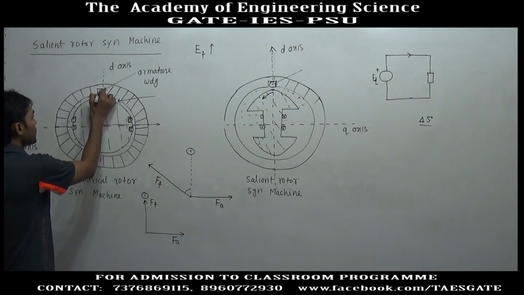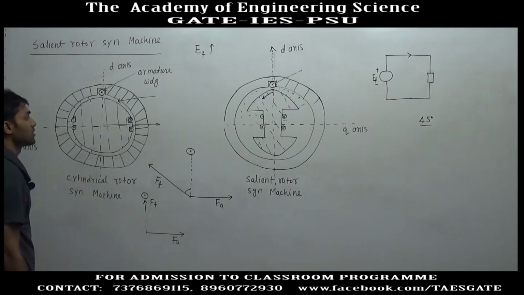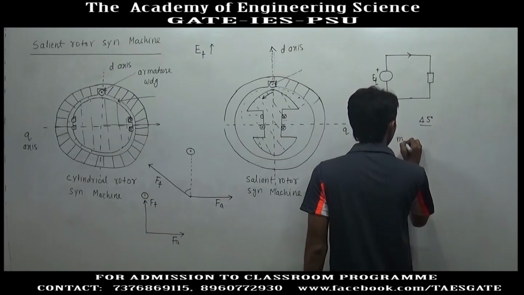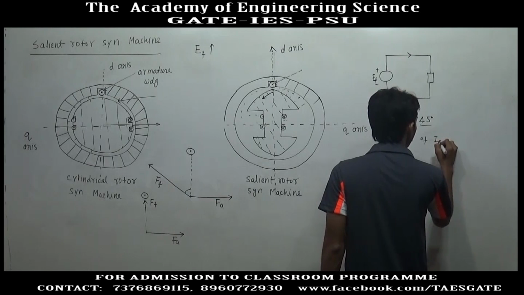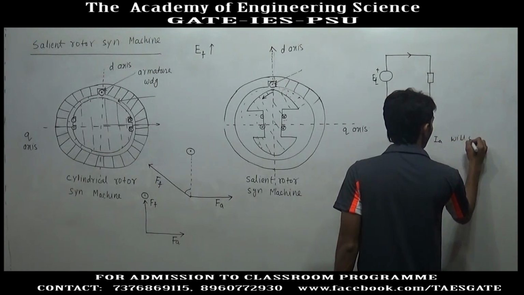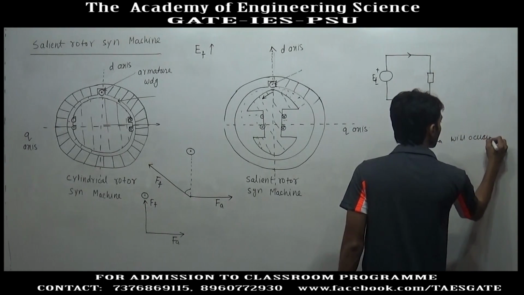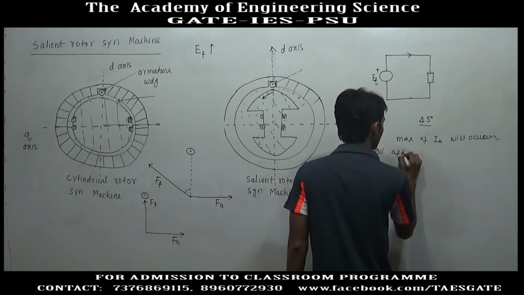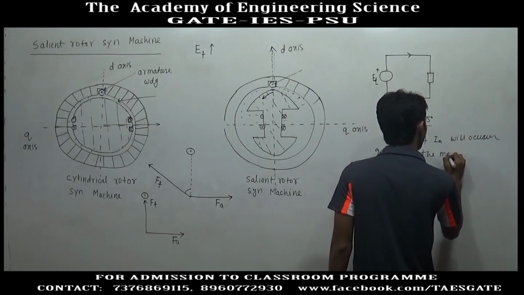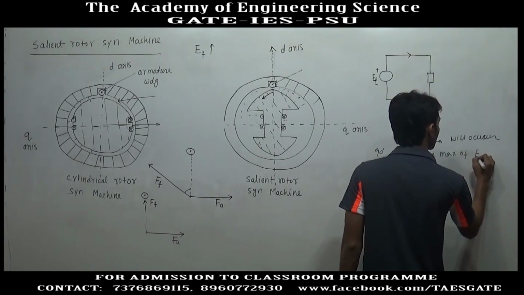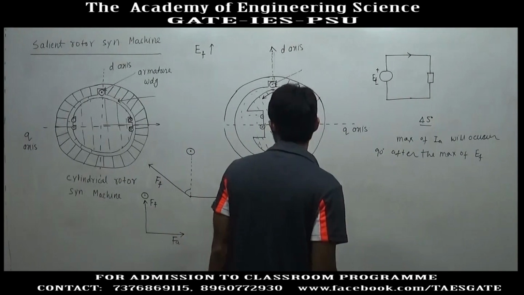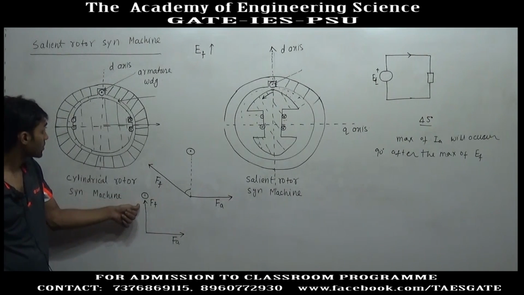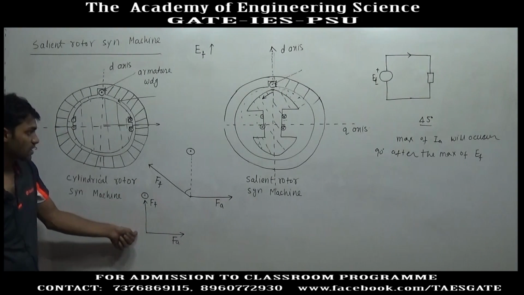If we have a purely lagging load connected to the generator, purely lagging load means the maximum of IA will occur 90 degrees after the maximum of EF. The maximum of EF occurs when the field flux is in this direction.